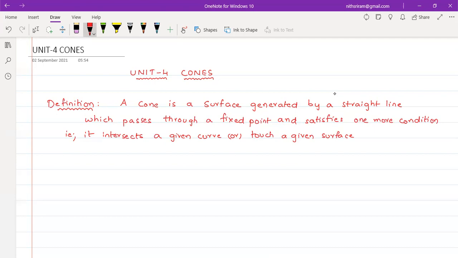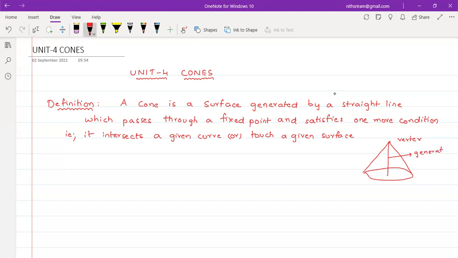Okay, I will explain it to you through a diagram. A cone is of the form... this is the cone. So this is the shape of the cone, and here we call this particular point a vertex, and we call this straight line the generator.